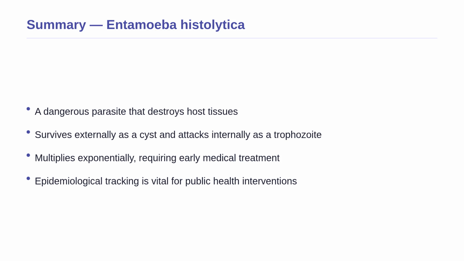Second, once inside the host, it unleashes rapidly multiplying trophozoites that grow exponentially, causing severe ulcers and potentially fatal liver abscesses. Finally, understanding both its biological life cycle and its epidemiological spread is the ultimate key to diagnosing, treating, and preventing this devastating global disease. You now have a solid foundation in understanding this critical parasite.